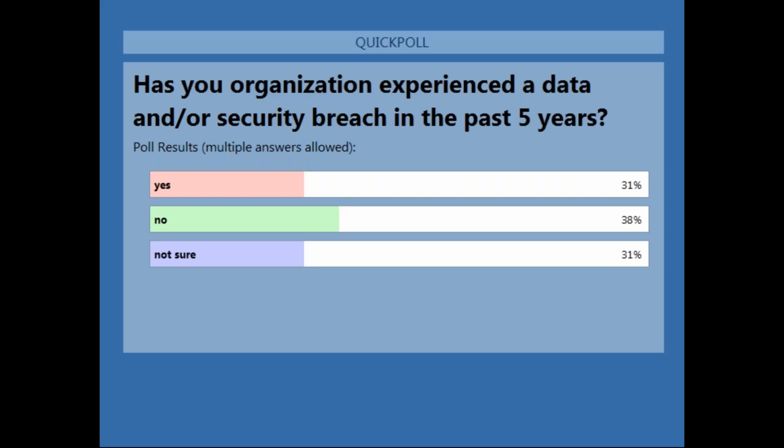Well, this is about as evenly distributed as you can get with a poll. There is 38% voting saying no, but with 31% being not sure, you wonder how that might impact the data itself from this small sampling.